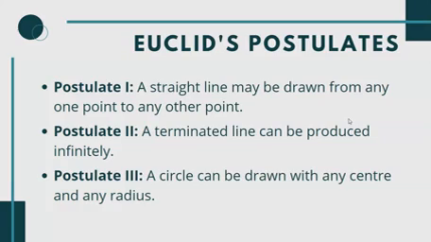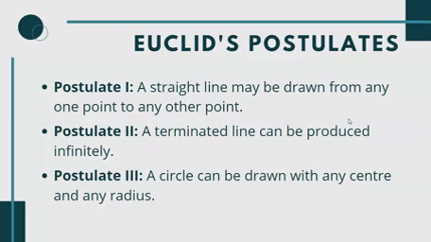What I mean to say, a straight line segment can be formed by joining any 2 points in space. Postulate 2: terminated lines can be produced indefinitely. Any straight line can be extended indefinitely on both sides.